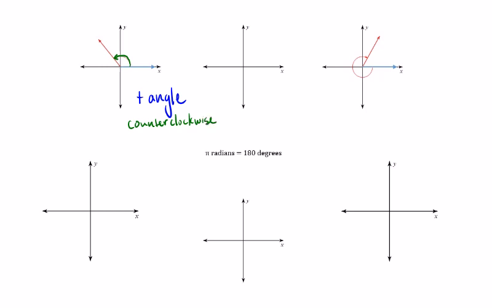Whereas if you have a negative angle, like over here, the rotation is going to go from the initial side clockwise to the terminal side. Okay. So clockwise for a negative angle. So positive angle is counterclockwise, negative angle is clockwise.